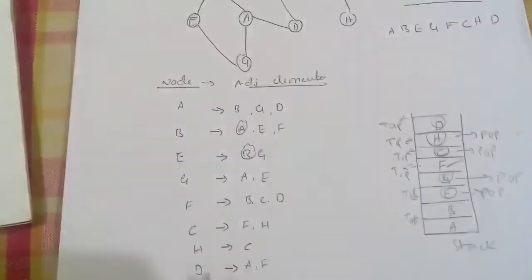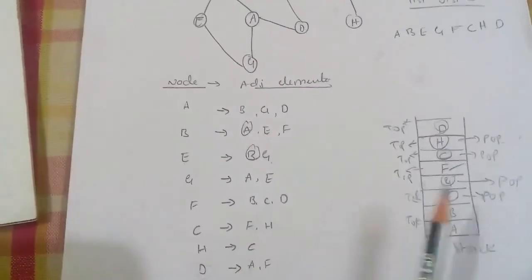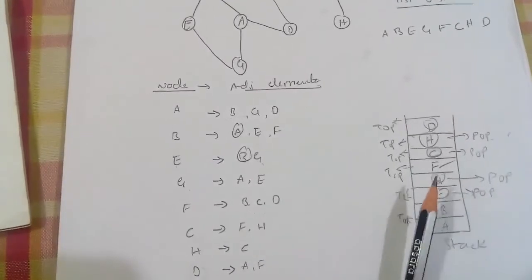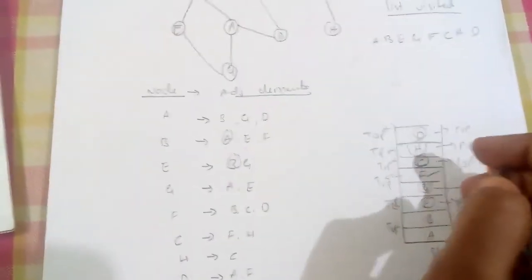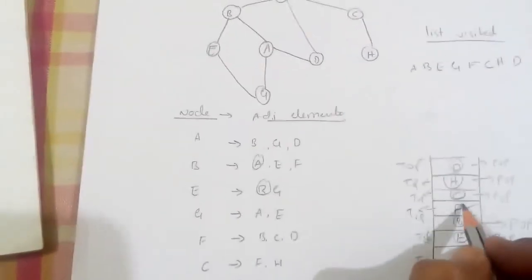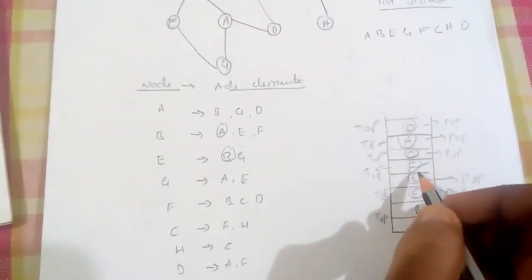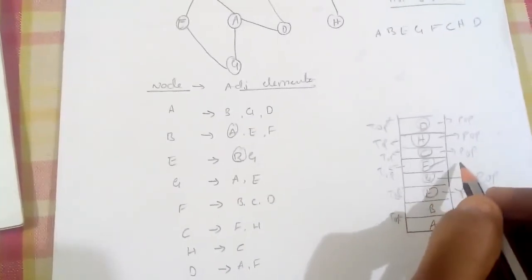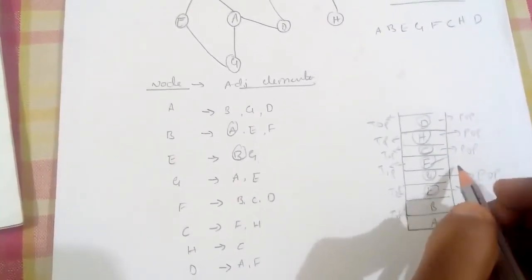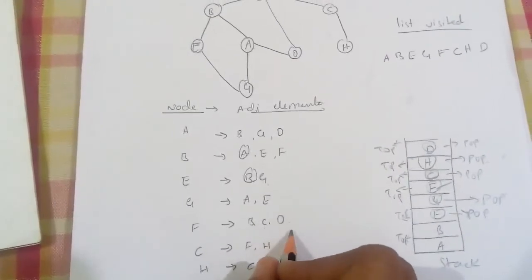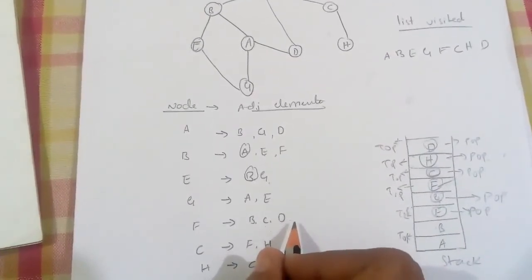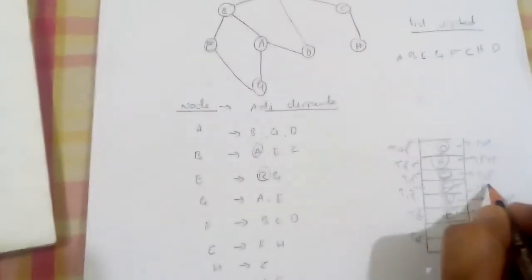It has no unvisited nodes, so D is popped from the stack. Now F is on the top of the stack. All adjacent nodes of F are visited, so F is popped from the stack.